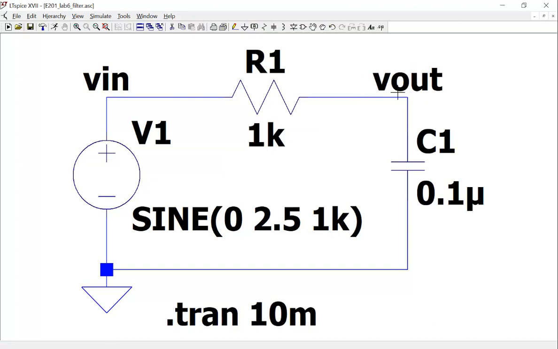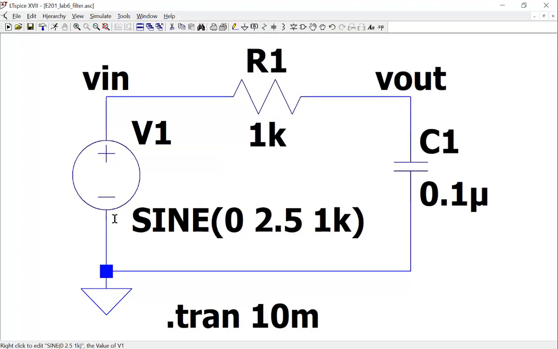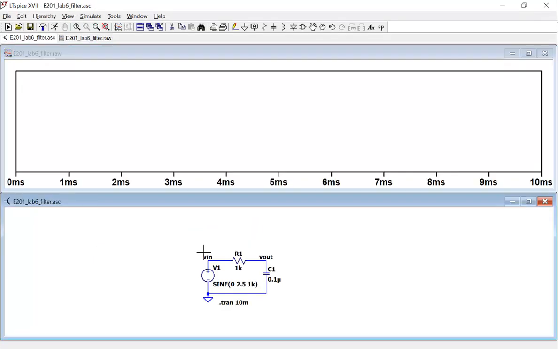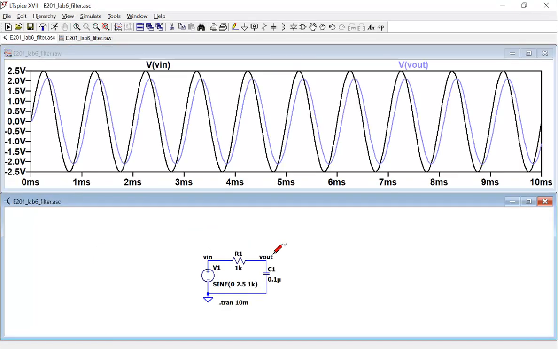That's the output. The transient analysis is for 10 milliseconds, because the period of the sine wave is 1 millisecond. If I do a 10 millisecond simulation, I'm expecting 10 periods in the monitor. That's the input, that's the output.